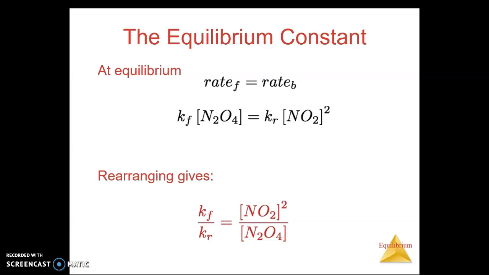Rearranging, as we did in our first lecture, we divide both sides by Kr, and that's what gives us this. And when we do that, we also divide both sides by N2O4, which gives us this. This is the ratio, then, of forward and reverse K, which is the ratio of the products raised to their coefficient power divided by the reactants raised to its one coefficient power.